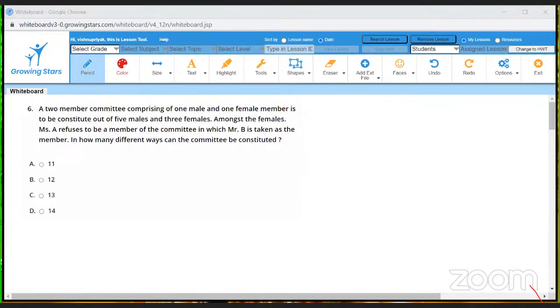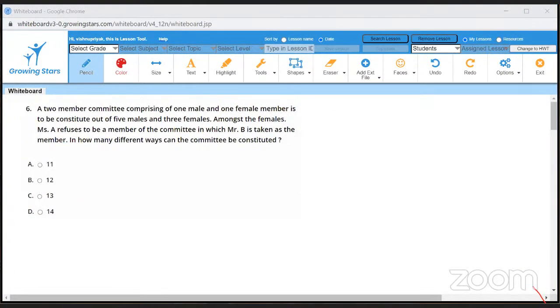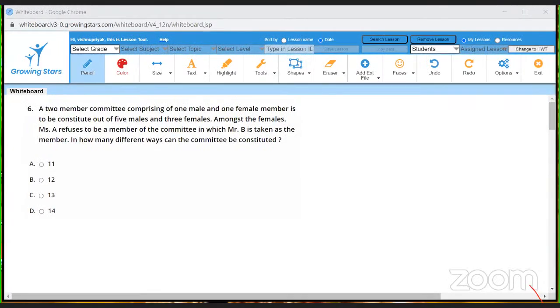A 2-member committee comprising of 1 male and 1 female member is to be constituted out of 5 males and 3 females. Amongst the females, Mrs. A refuses to be the member of the committee in which Mr. B is taken as a member.